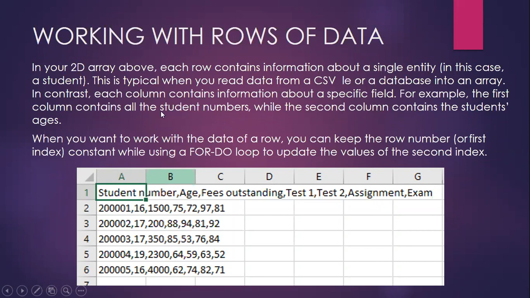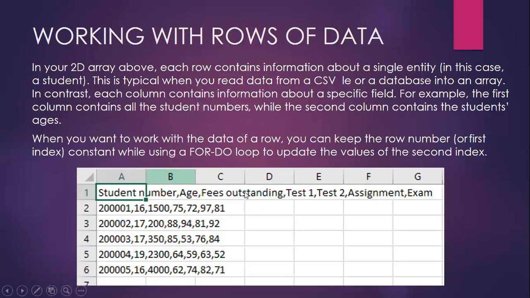In contrast, each column contains information about a specific field. For example, the first column, your column A, contains all the student numbers, while the second column contains the students' ages. In this instance, I have just taken a screenshot directly from the CSV file.